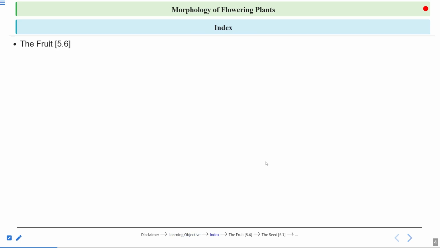The index part: the fruit, that is section 5.6 of your NCERT.